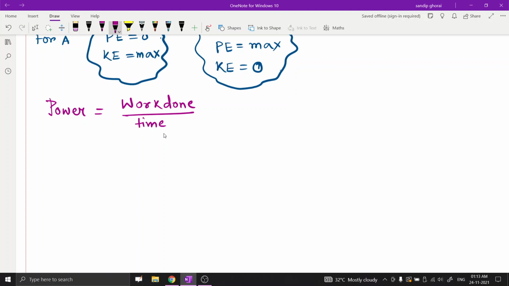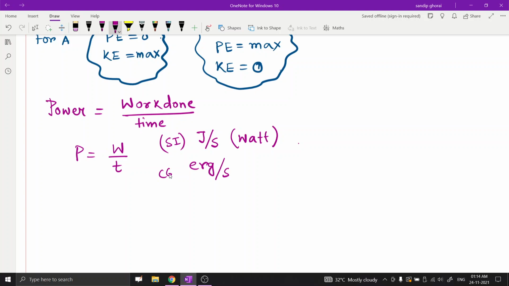That means the rate of doing work is called power. P is equal to W by T. The SI unit is joule per second, that is simply watt, and in the CGS system this is erg per second. This is in the SI system and this is in the CGS system.